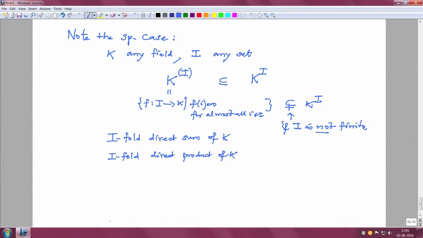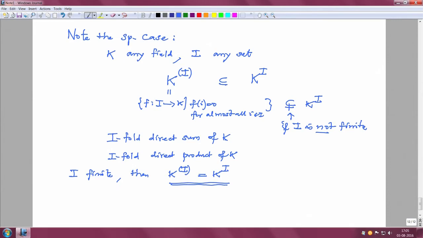And of course, when K is finite, both these are equal: K power round bracket I equals K power I. You will see that this notation is very, very convenient.